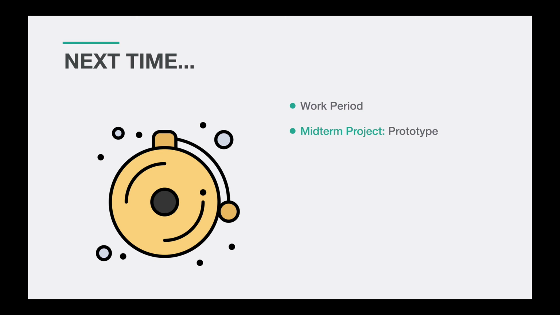Okay, so like I've been saying, next class, Thursday, will be a work period. Again, I will be a little late. I will be coming, I'm just going to be late. So if you want to come and work on your midterm project, which is due Thursday, yes, it's due Thursday, I will show up.